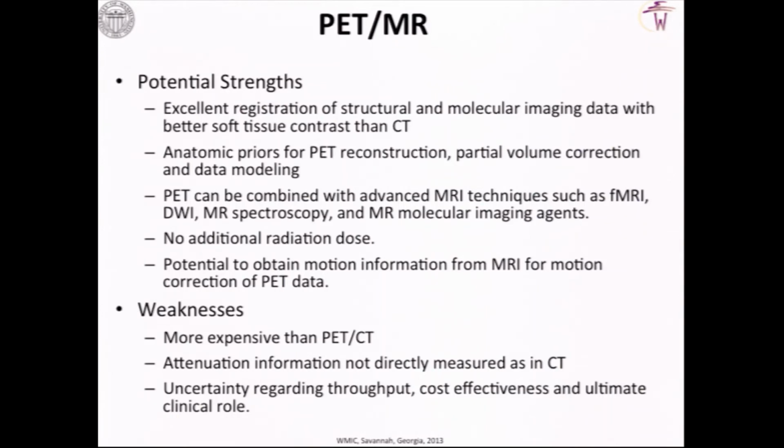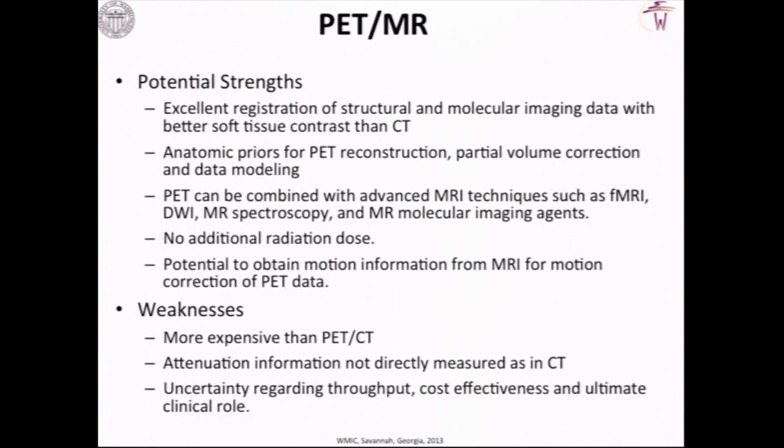MR offers a lot of different types of pulse sequences and imaging techniques, like functional MRI, diffusion weighted, and then like MR spectroscopy. So there's a lot of different options that can be done there. There's no additional radiation dose, so that CT radiation is something that is a little bit of a concern. So that's another positive there.